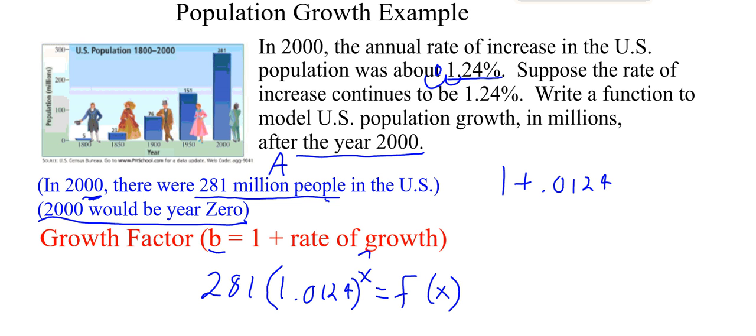So if you plug 20 into this model, I do 281 times 1.0124 to the 20th power, I get f of 20 being equal to 359.5 million in the US.